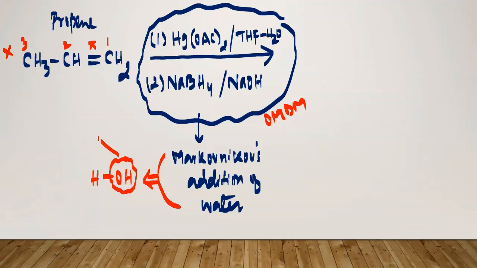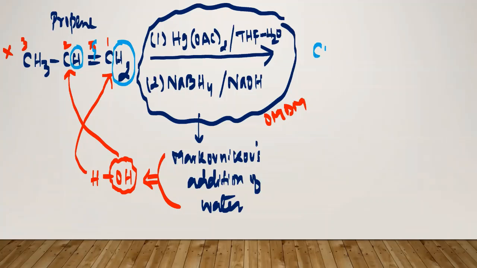So OH will attack here, and the hydrogen as usual will go to the carbon with more hydrogen atoms, and let us break the pi bond. So this is Markovnikov's addition. The OH group goes to the carbon which has only one hydrogen, and the other carbon has more hydrogens, two hydrogens.